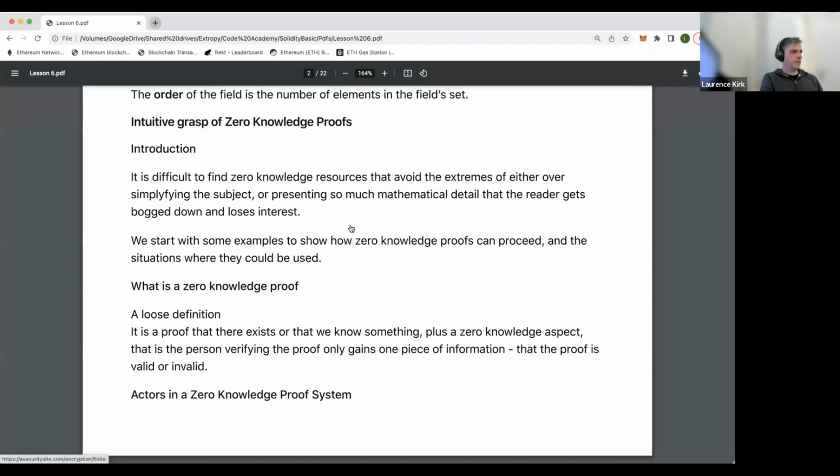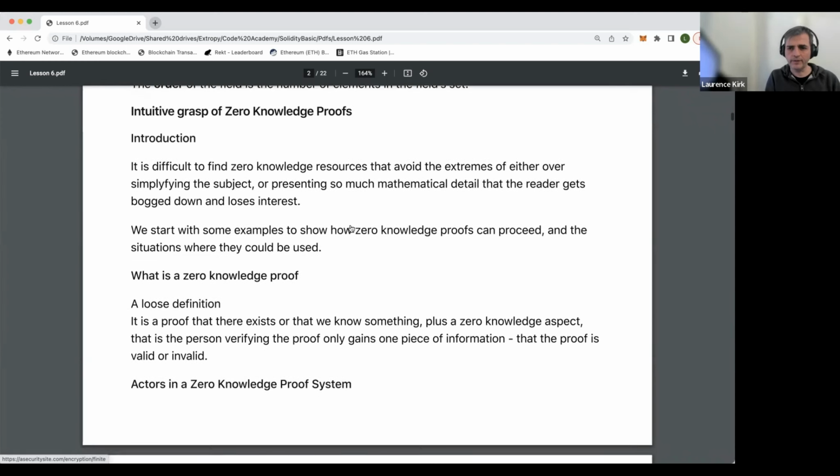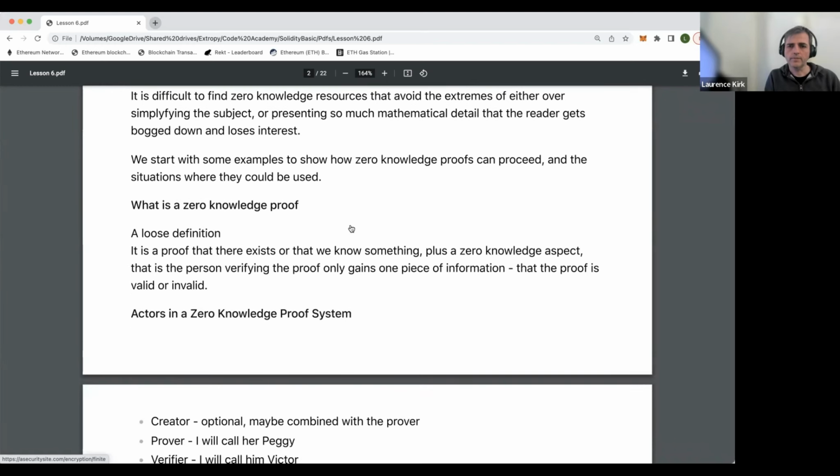The other extreme is reading the research papers about proofs. There's very little in the middle that explains them in sufficient detail that you get an idea of how they work, without getting completely bogged down in the detail. So I'm going to start off with an intuitive idea, and we can go into a little bit more detail. But as I said, it would take quite a few lessons to go into this in much detail, so we can't go into a lot of detail, unfortunately.